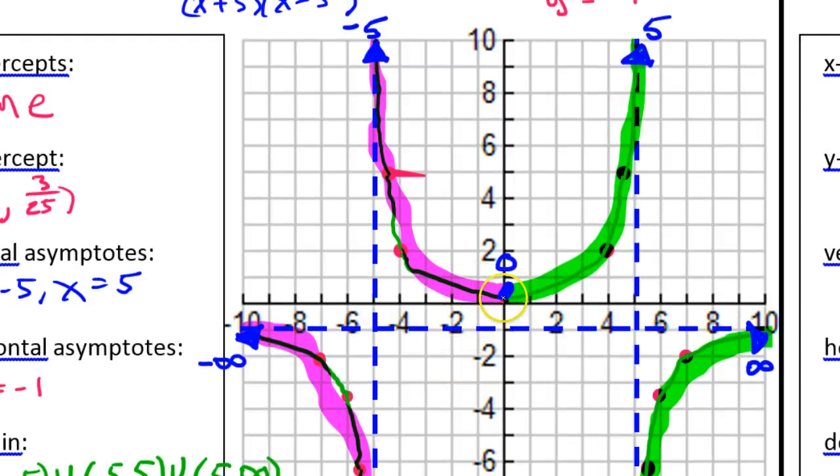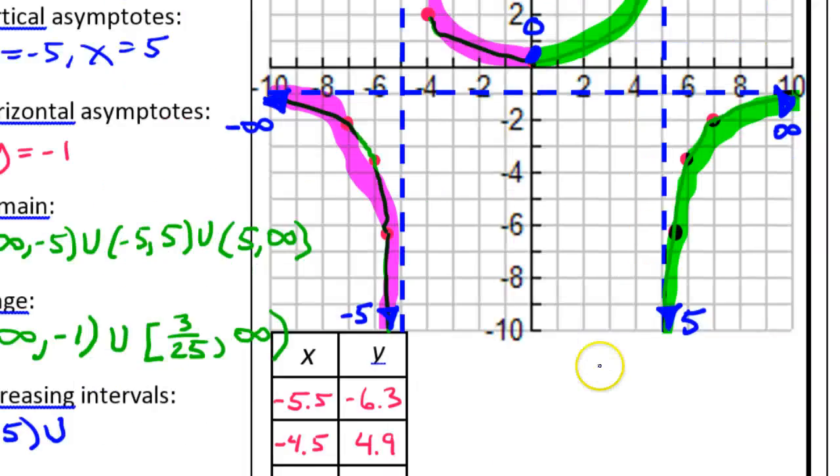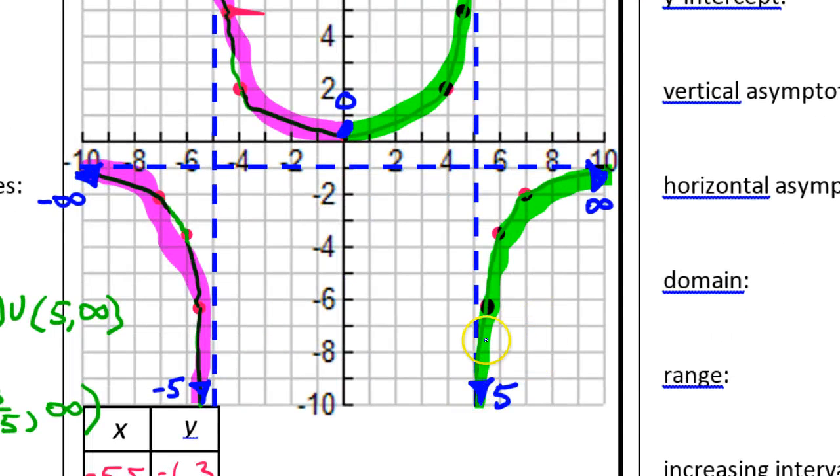Our first increasing interval goes from 0 to 5. Okay, so I'll just say 0 to 5. Okay, and we will leave round parentheses on all of these because at the border point it's neither increasing nor decreasing. Now this other interval goes from 5 to infinity.